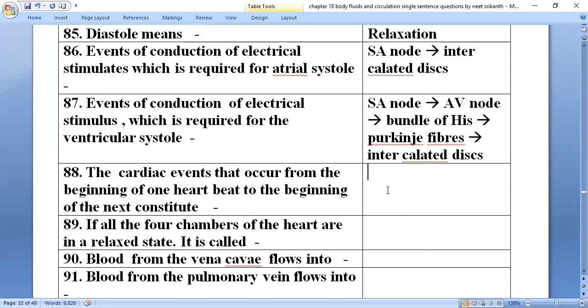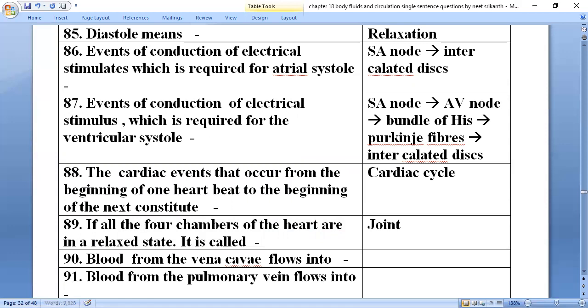The cardiac events that occur from the beginning of one heartbeat to the beginning of the next constitute the cardiac cycle. If all four chambers of the heart are in a relaxed state, it is called joint diastole.